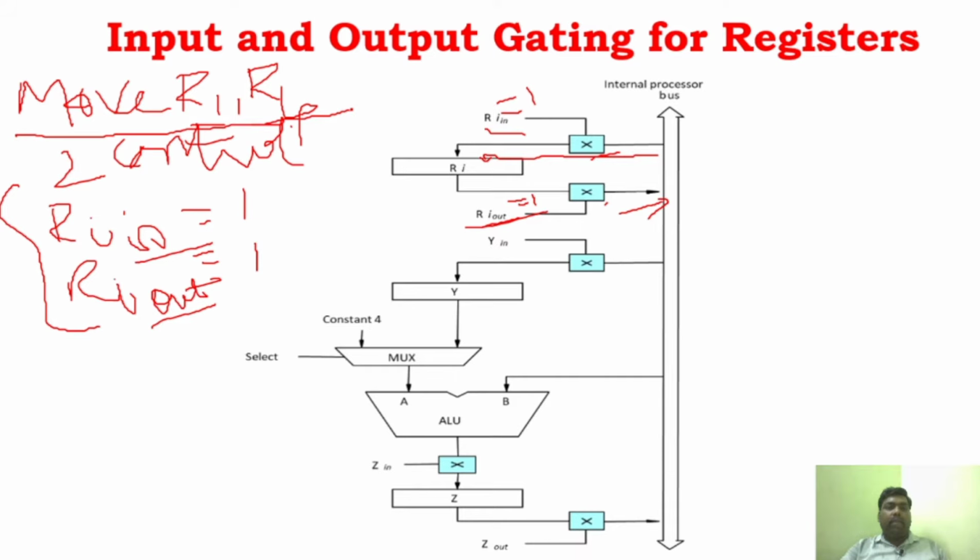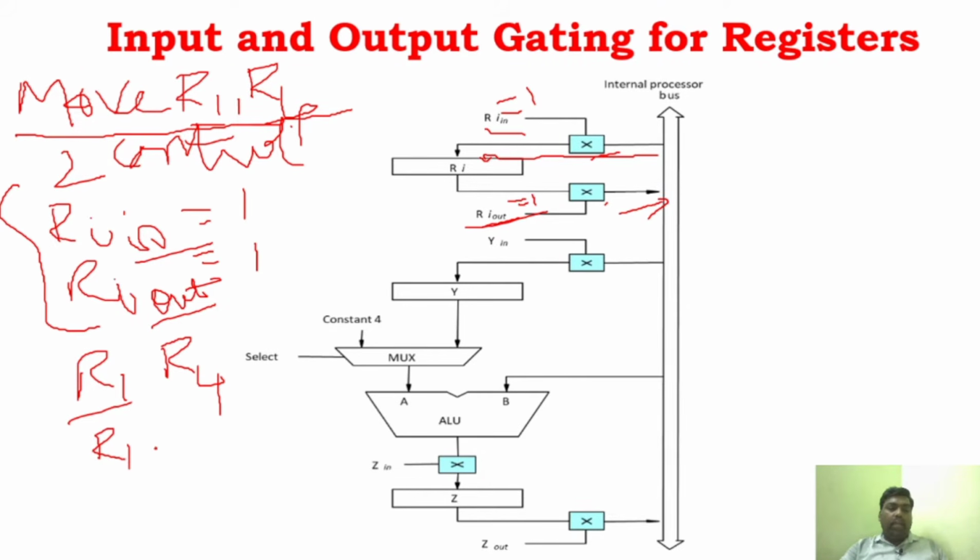Take this example: move the content from R1 to R4. This means there is already content present in R1, and that content has to be moved to R4. How can it be done? We have to enable R1 out.